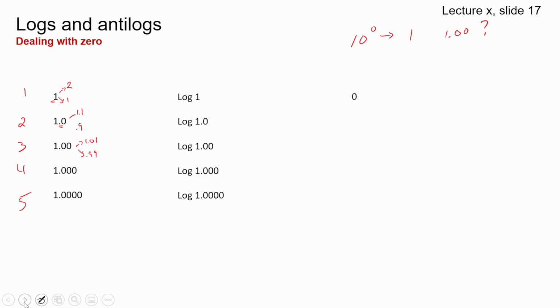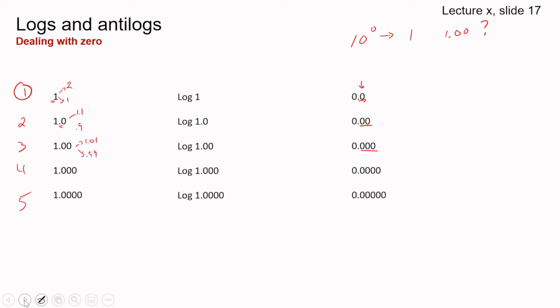Well, it's really easy. Remember, we said any digits to the right of the decimal place are the sig figs. So I have 1 sig fig here. I have 1 zero to the right of the decimal place. Any digit to the right of the decimal place in a logarithm is a significant figure. I have 2 sig figs. I have 2 zeros to the right of the decimal place. I have 3 sig figs. I have 3 zeros to the right of the decimal place.